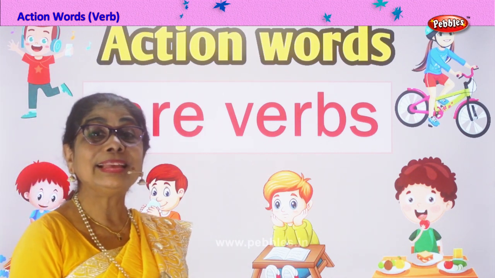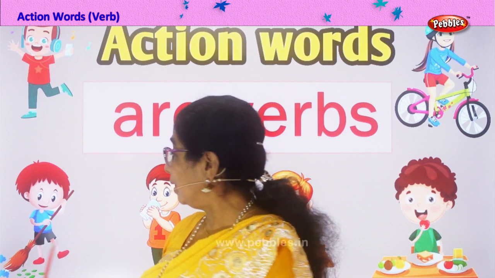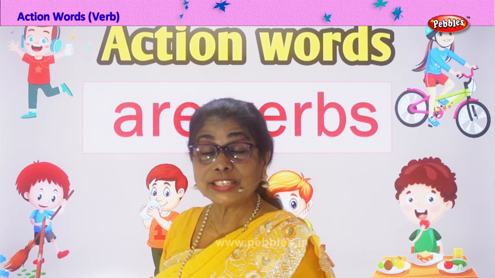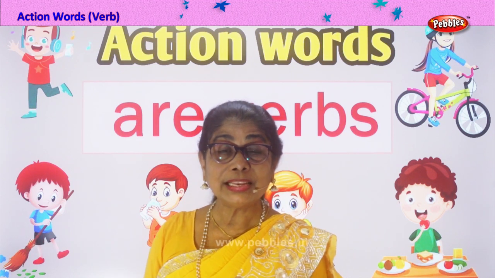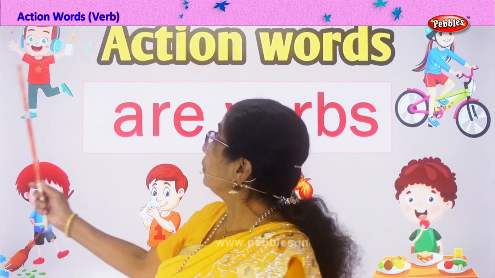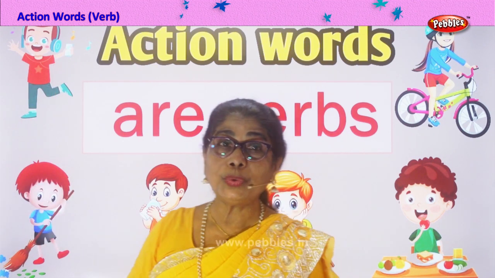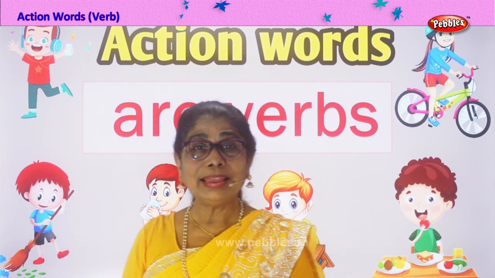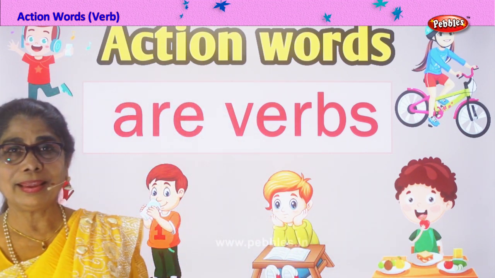Drinking. He is drinking. That's the action. The verb is drinking. Here, sweeping. He is sweeping. Action word. Verb is sweeping. And here, what's he doing? Listening to music. Dancing. He's dancing.